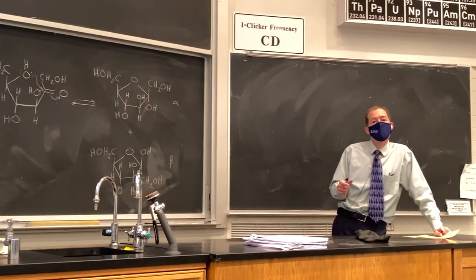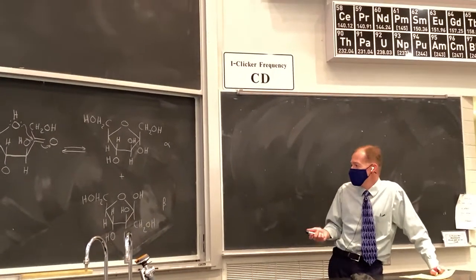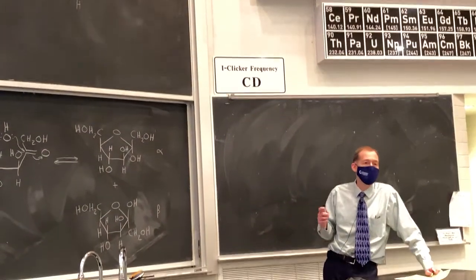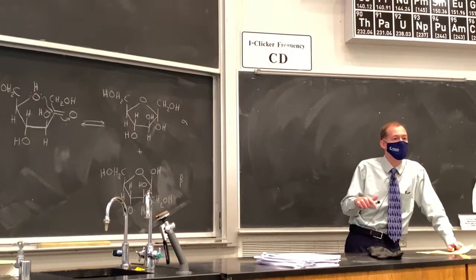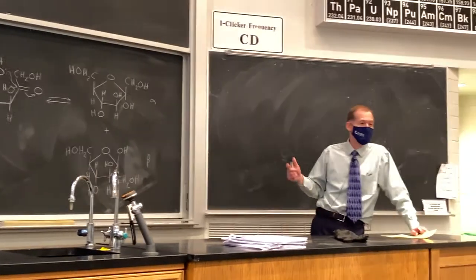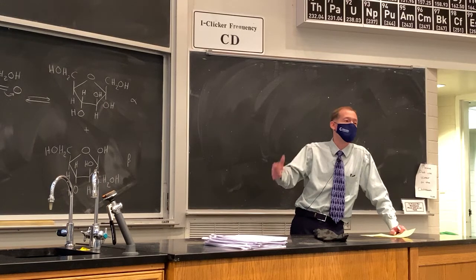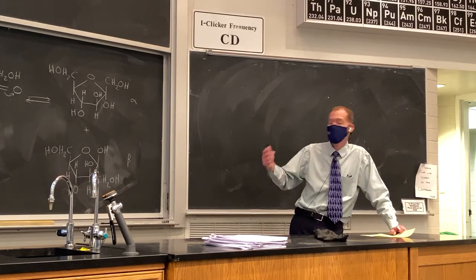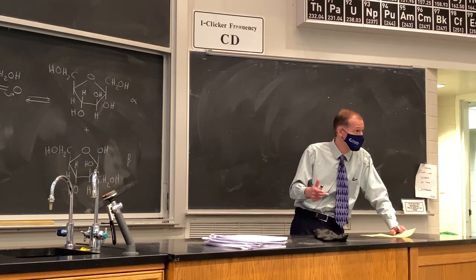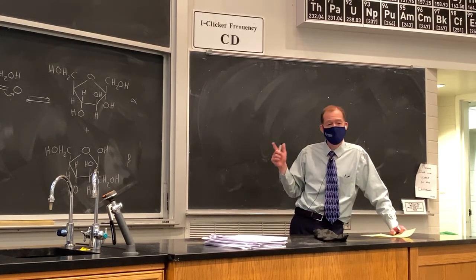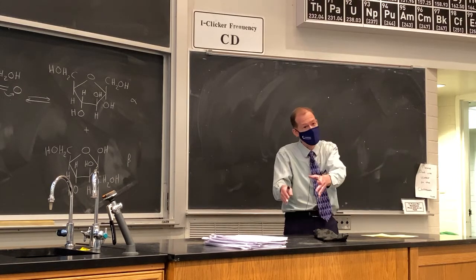Okay? But as is the case with ribose, it is the 5-membered form, the furanose form, that is more relevant in nature and more relevant in biochemistry. When we link fructose to other monosaccharides to make disaccharides or polysaccharides, we're going to do so using the 5-membered form. Okay? So if you dissolve fructose in water, you'll get more of the 6-membered cyclic hemiacetal than the 5-membered.